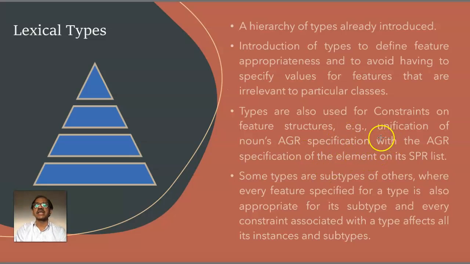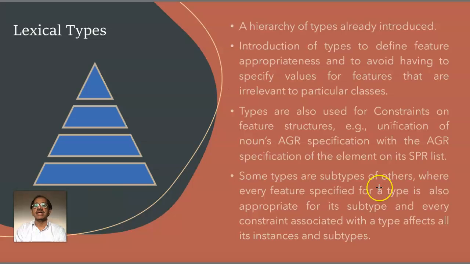So that kind of constraints are also included in the types. And we also included subtypes, where every feature specified for a type is also appropriate for its subtype, and every constraint which is given for a type is also appropriate for the subtype. That is, whatever constraint a type obeys, the subtype should also obey. This is the model which we have adopted till now.